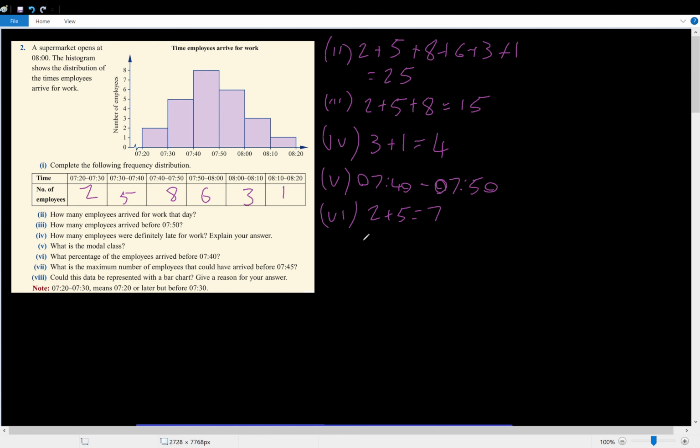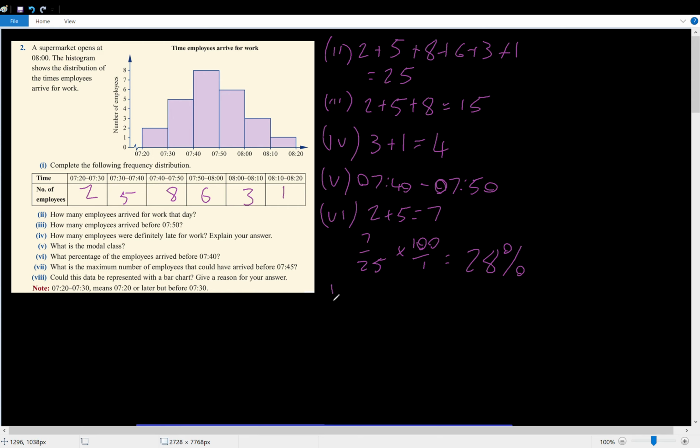So it's 7 over 25. And to convert that to a percentage, we multiply it by 100 over 1. And we will get 28%. So 28% of the employees arrived before 7:40.